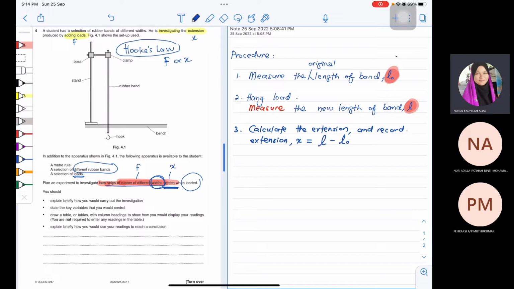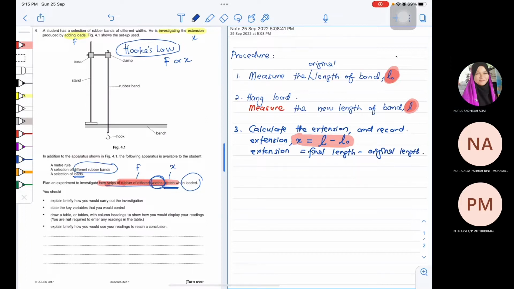You can only write this if you have defined the symbols. Otherwise you have to write in full, like this. Extension is the final length minus original length. Okay, are we done? Not yet.